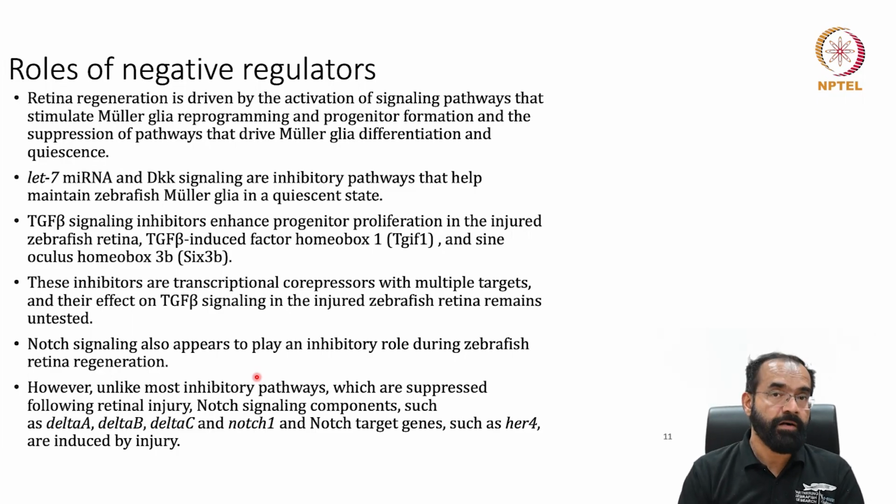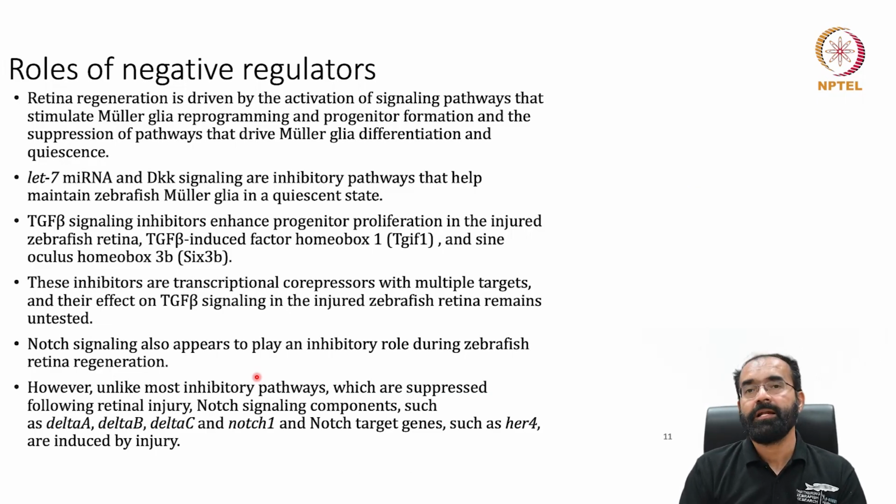So if you want a responsive zone to be restricted to the required spot, then the notch signaling should be active. If you block it, it's almost like tying a dog to a leash. If the leash is 1 foot long, it will run around only 1 square foot area. But if it is 10 foot long, it will act on 10 square foot area.